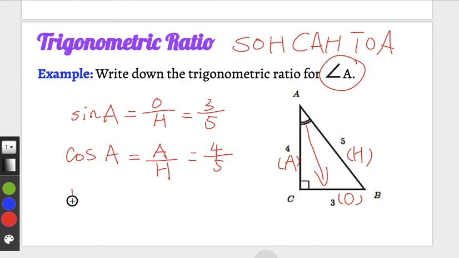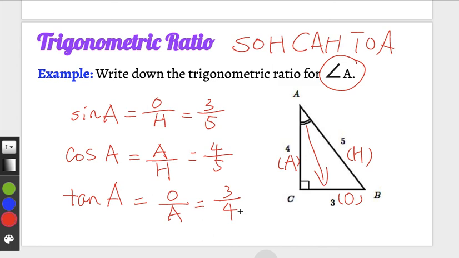Next, T stands for tangent, which is tan, followed by the angle A here. The definition is opposite over adjacent. In this case, opposite is 3, over adjacent, which is 4. See, that's the definition for the trigonometry ratios.